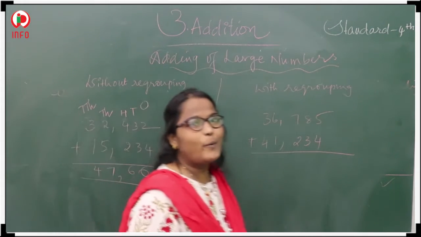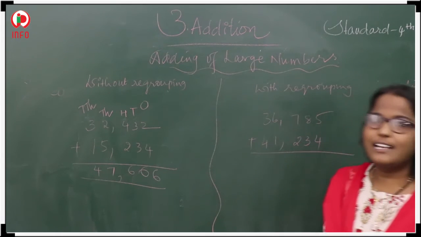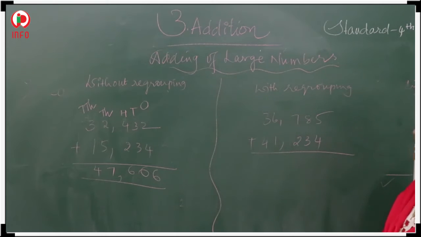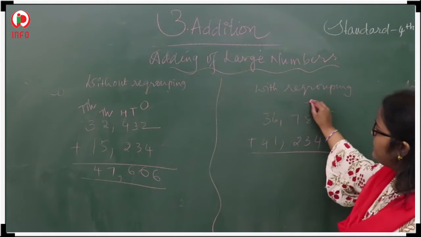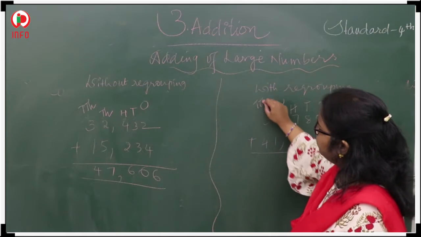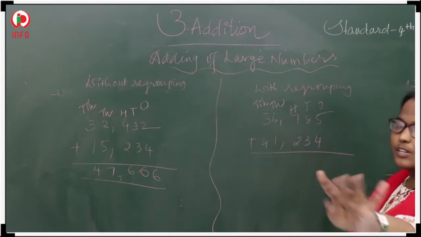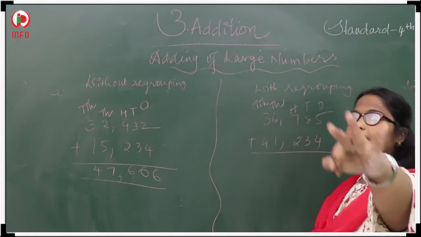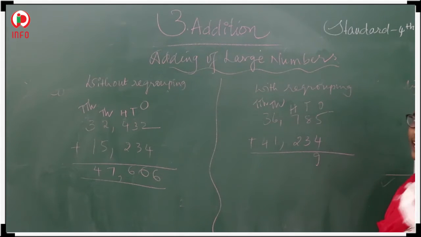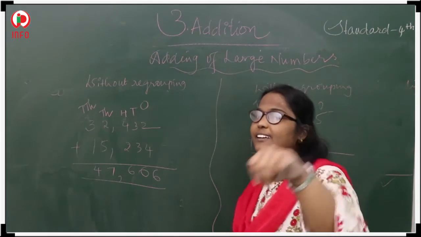Now we'll go with regrouping. What is the difference between without regrouping and with regrouping? We'll know after doing the problem. 5 in the mind, 4 fingers out: 6, 7, 8, 9. 8 in the mind, 3 fingers out: 9, 10, 11.